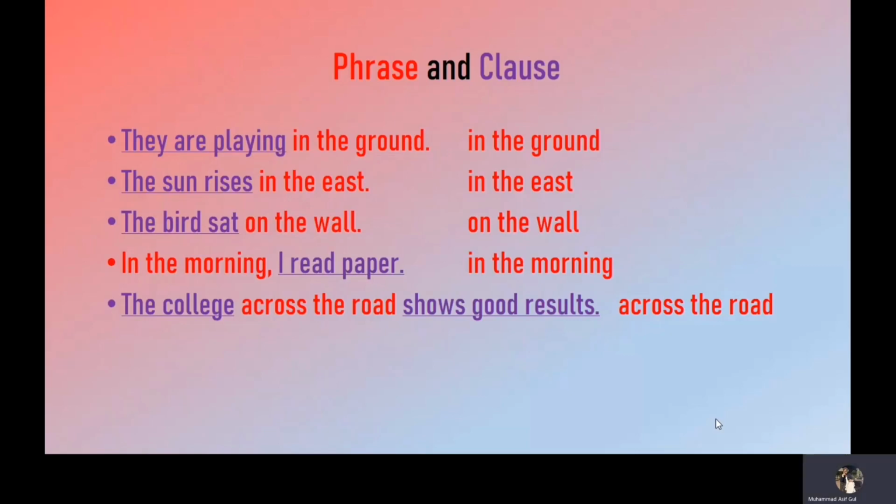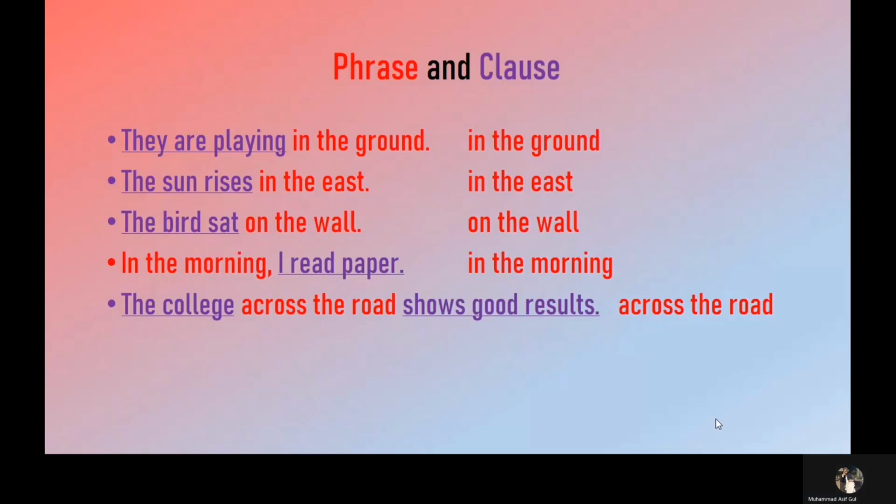If we dig further into it, we will see that a clause contains a subject and a predicate. They are playing. They is a subject and are playing is a predicate. So a clause contains a subject and a predicate, while on the other hand, a phrase does not contain a subject or a predicate.